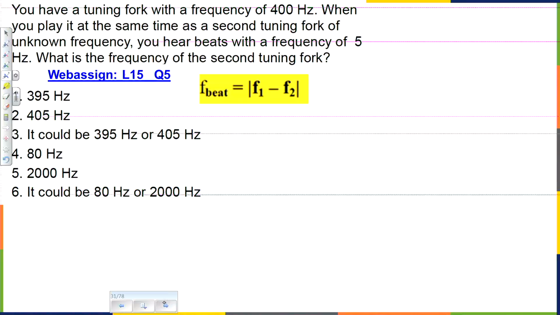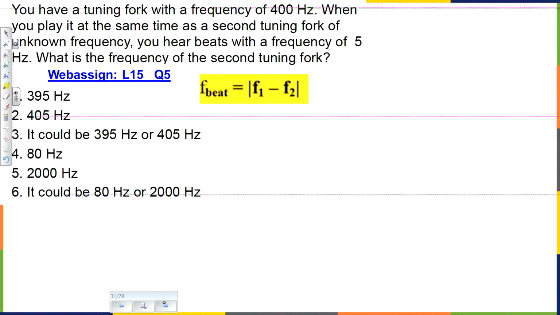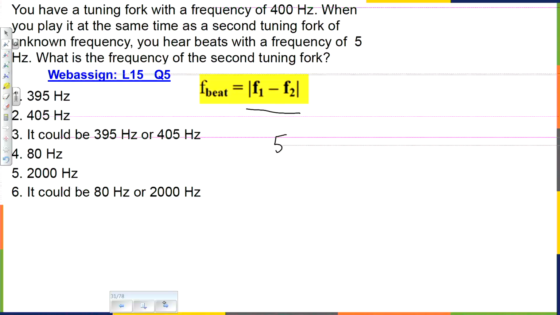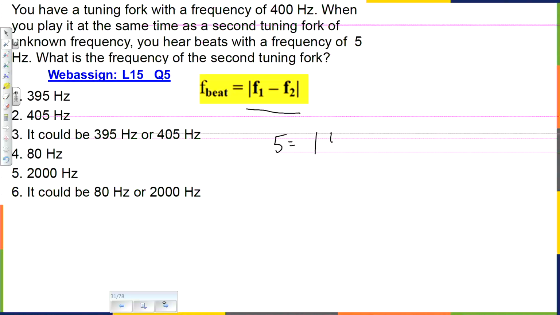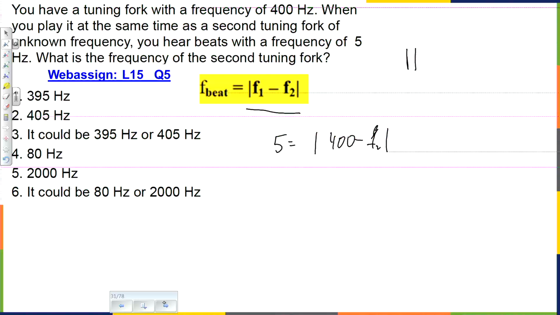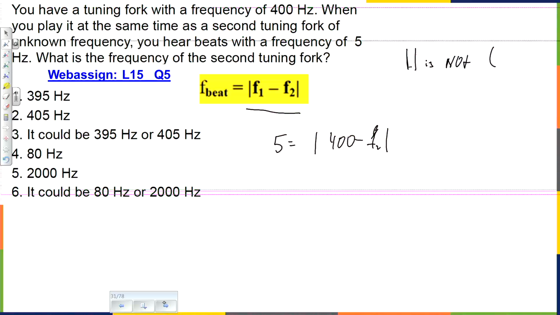And this problem is to remind us what this means mathematically. Absolute value, magnitude. So the equation says 5 is supposed to be equal to the magnitude of the difference between 400 and something else. But what's the difference?